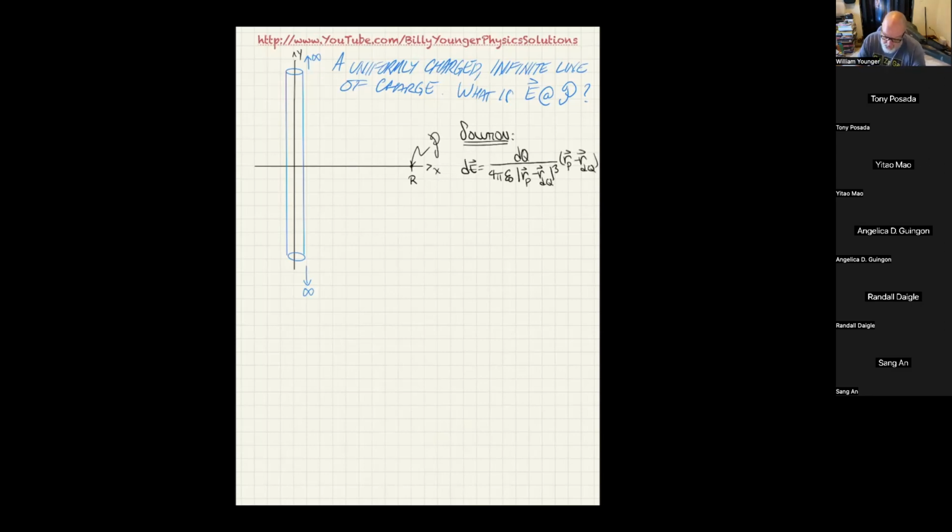So according to this, I need a dq, I need an rP, I need an r dq, and then I need to compute rP minus r dq.